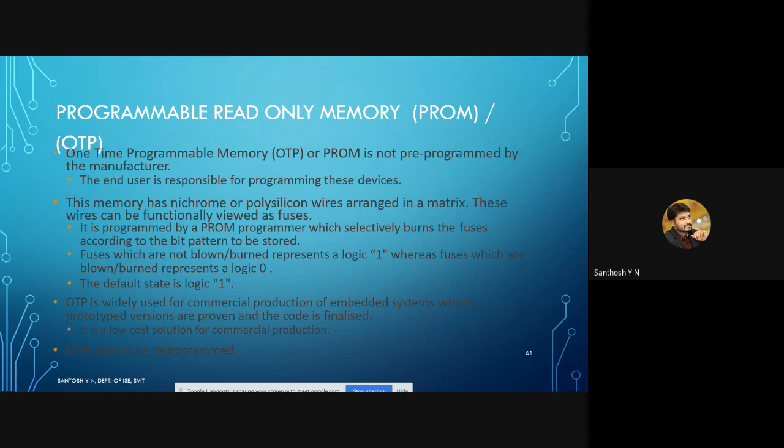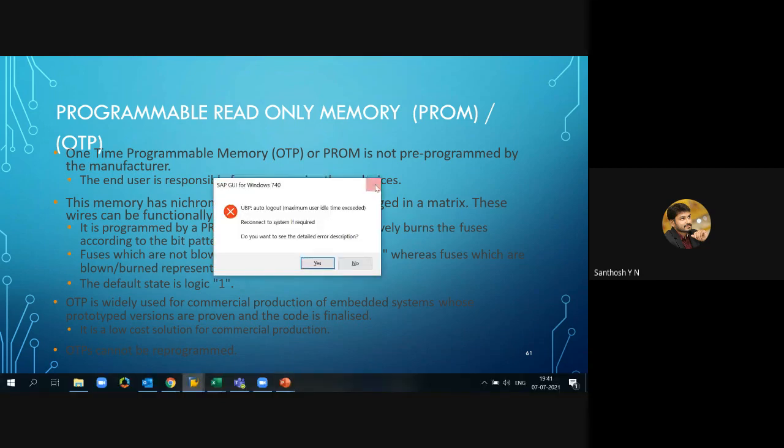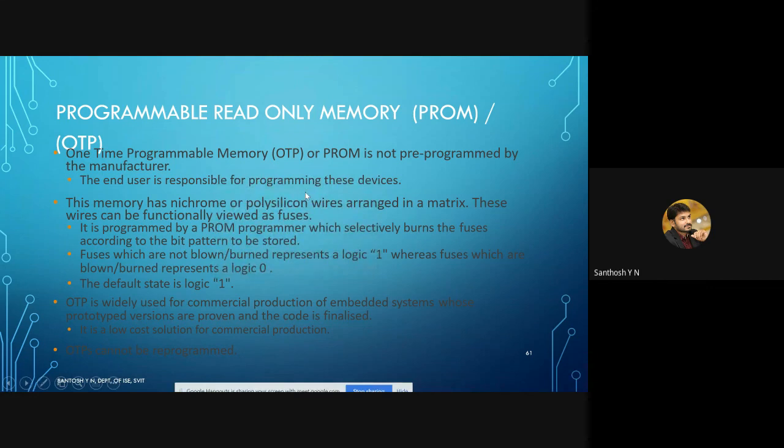One-time programmable memory is widely used for the commercial production of an embedded system whose prototype versions are proven and the code is finalized. It is a low-cost solution for commercial production. OTPs cannot be reprogrammed. So the difference between MROM and PROM is that here it is arranged in the form of a matrix, and the matrix is made of the material called nichrome or polysilicon wires.